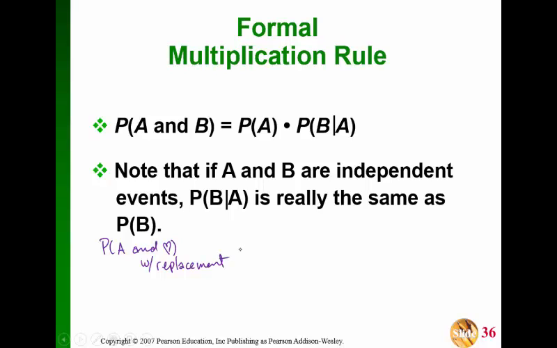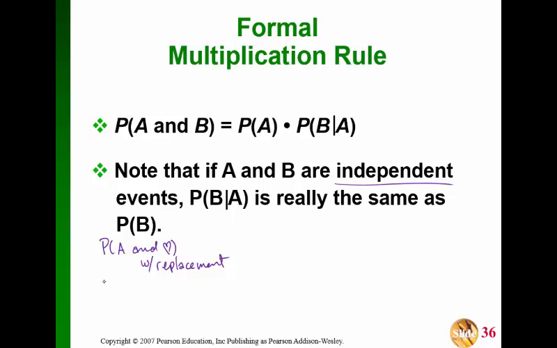So if I draw a card and then I put the card back and then I draw the second card, then I can say that those two experiments are independent of each other, because after I draw out a card and I put it back and I reshuffle it, you're back to the original set.